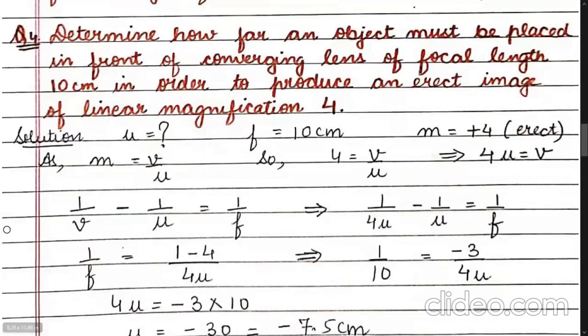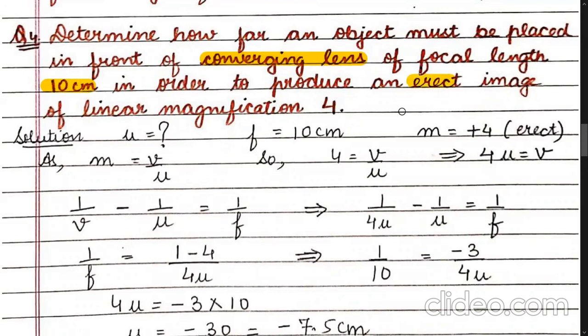Coming to question number 4. Determine how far an object must be placed in front of a converging lens, that is convex lens, of focal length 10 centimeter in order to produce an erect image.